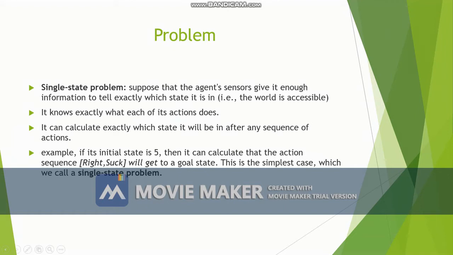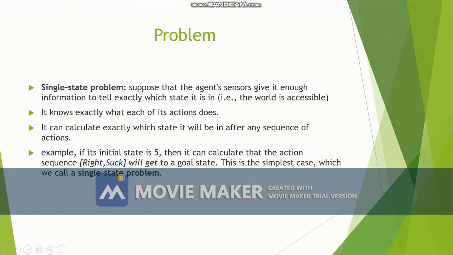In simple words, suppose we have an agent, and there are sensors from which the agent will collect information from the environment. If the agent has enough information to know exactly what the current state is, then it is known as a single state problem.